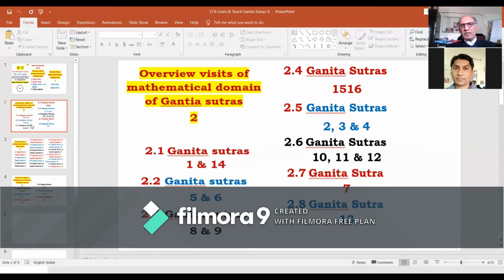Ganita Sutra 7 and Ganita Sutra 13 are a pair of sutras which deserve to be overviewed distinctively and as independent mathematical domains. Values of pairs 7 and 13 bring us face to face with the 7th and 13th geometries of sixth space.